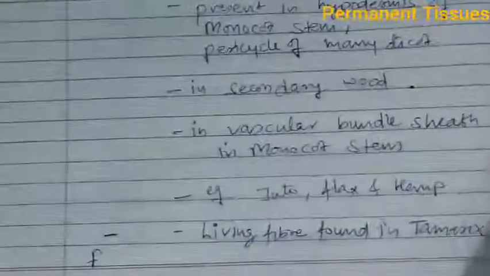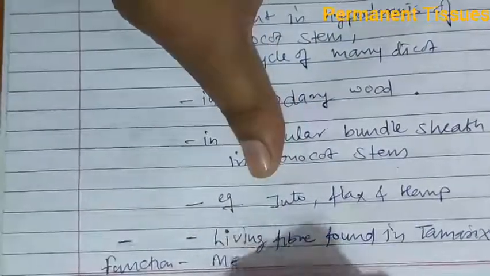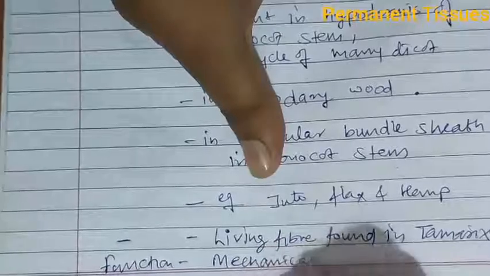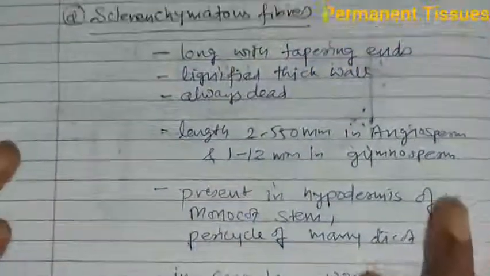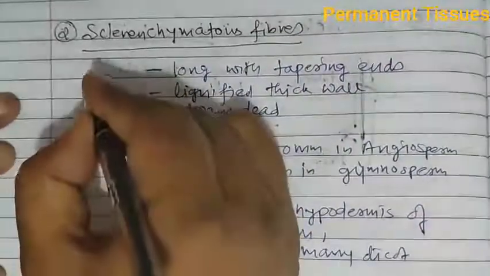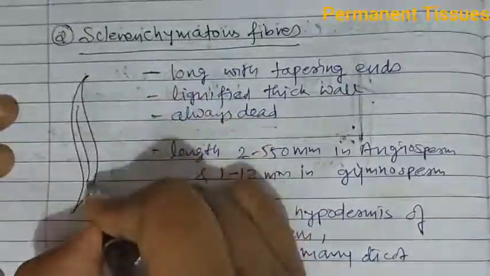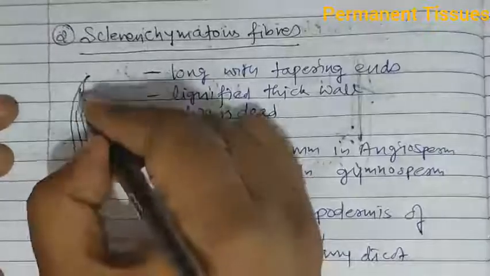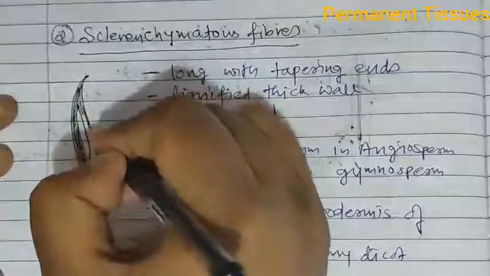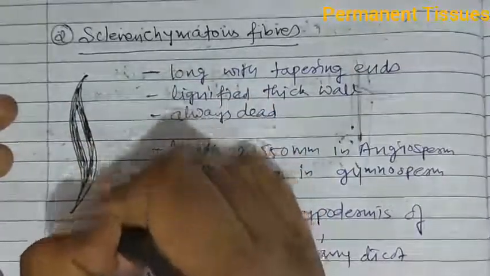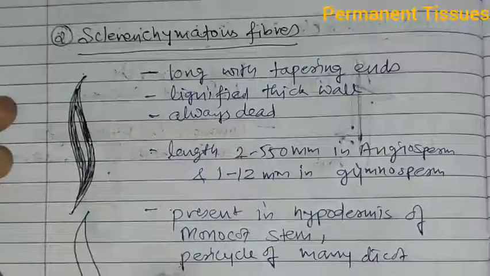So function is to provide a mechanical support. And if we see the diagram of this sclerenchymatous fiber, then it looks somewhat like this, and lumen is almost reduced, and they can have septa as well.